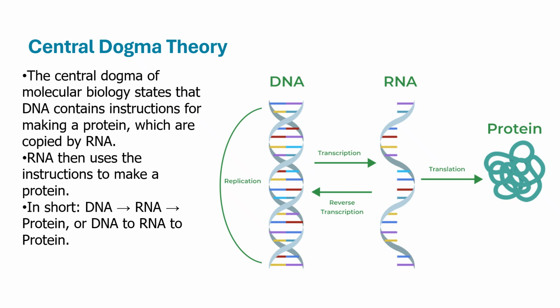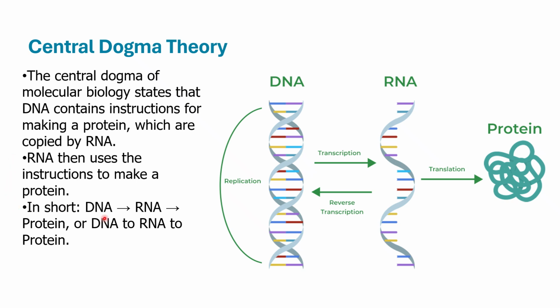All right, the central dogma theory. This is a dogma of molecular biology that states that DNA contains instructions for making a protein, which are copied by RNA. RNA then uses the instructions to make a protein.